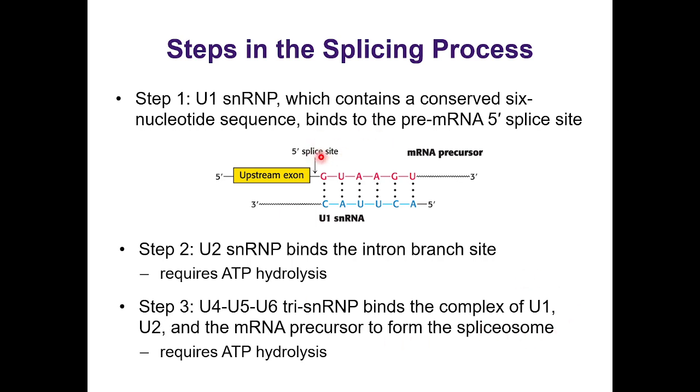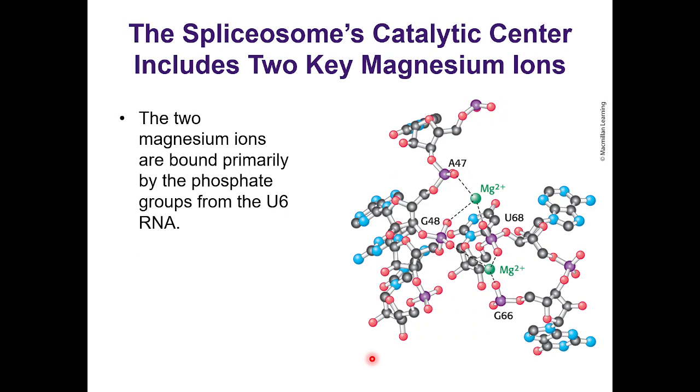Remember that the U1 and U2 will already be bound to the mRNA precursor. This will then bind that U4, U5, U6 tri-snRNP complex, and then it binds it on the other side, and that gives you your full spliceosome, ready to act. Again, this is going to require ATP hydrolysis. This is a non-spontaneous process.